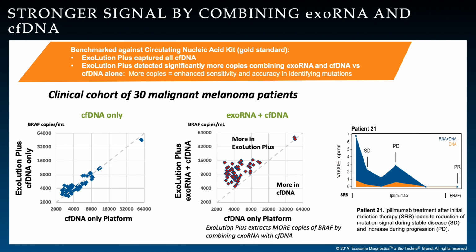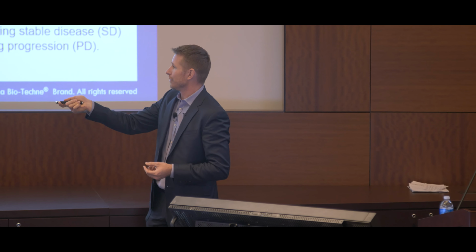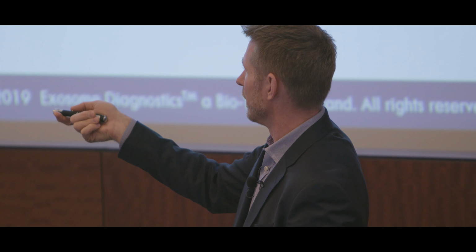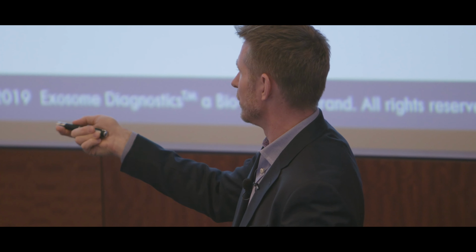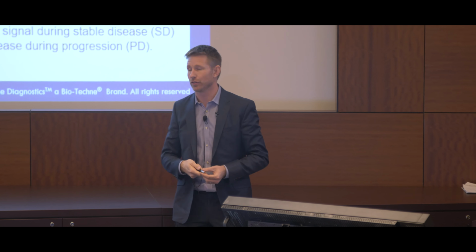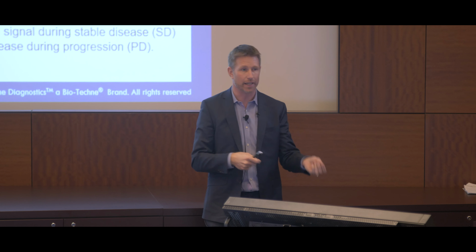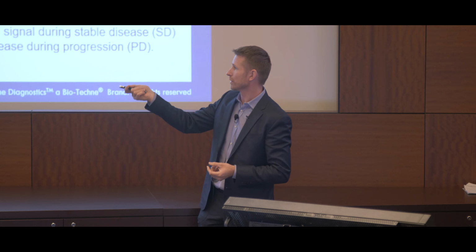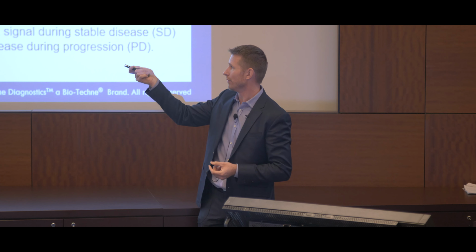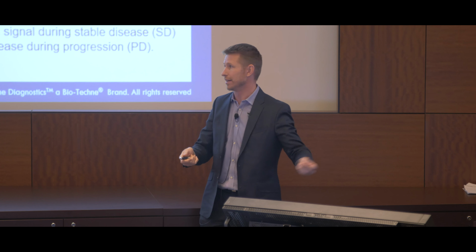And to illustrate some of that added value, when you're looking at cell-free DNA that you get from a specific cell-free DNA extraction platform, and you compare the copy numbers of cell-free DNA that you get from a platform that combines cell-free DNA and exosomal RNA, you actually get the same copy number of the targets on the cell-free DNA when you add the exosomal RNA.